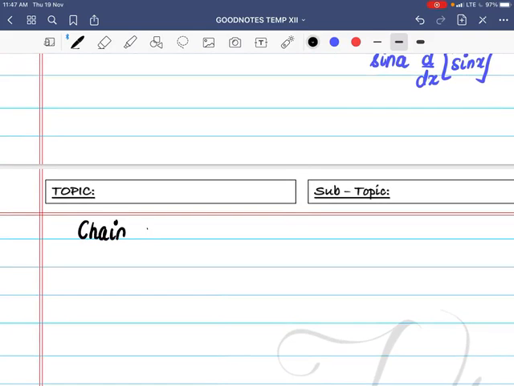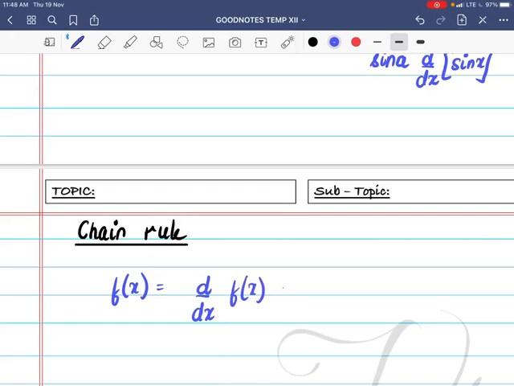Now for this chain rule, we have already studied that if we have a function f of x, then its differentiation, that is d by dx of f of x, can also be written as f dash x.